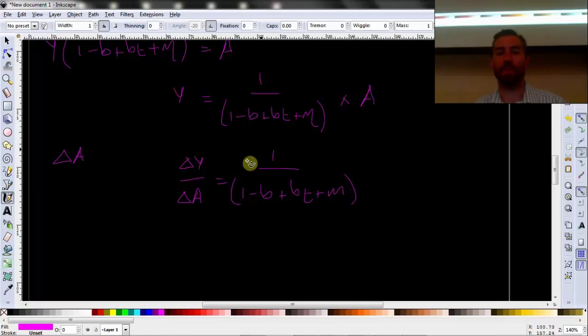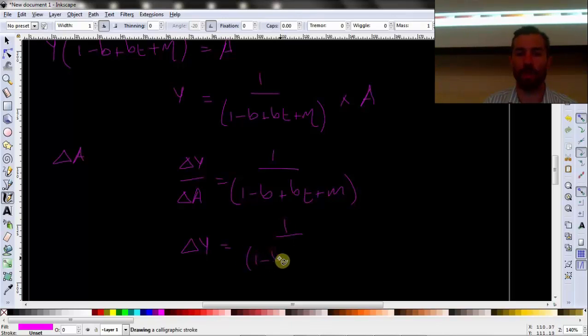So this is what we call the multiplier. It's the coefficient on our autonomous components of the equation, which means obviously that change in Y is simply equal to 1 over 1 minus B plus BT plus M times change in A.